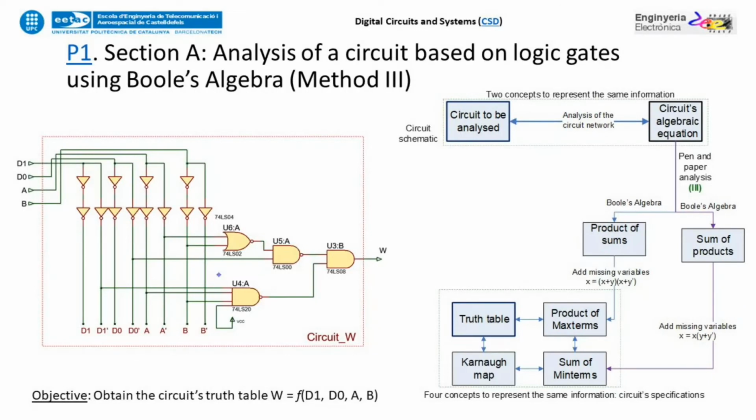And perhaps what is also interesting here is that you can apply this methodology not for the secant W only, but any other secant. For example, the Q section that was left here, and the final secant C, or the final secant key, right? Any other secant can be arranged in the same way, using a handmade pen and paper analysis, so that you get this intermediate product of sums or sum of products, and then the final truth table by adding the missing variables in one way or another. All right.